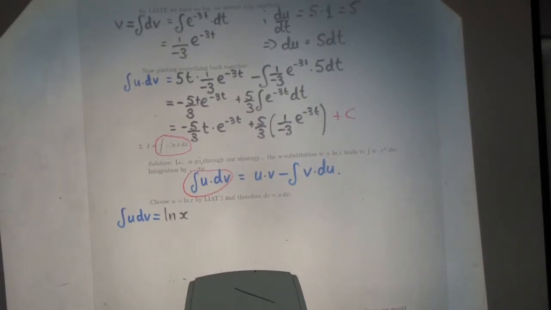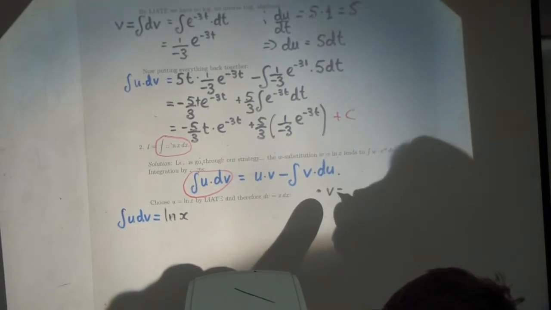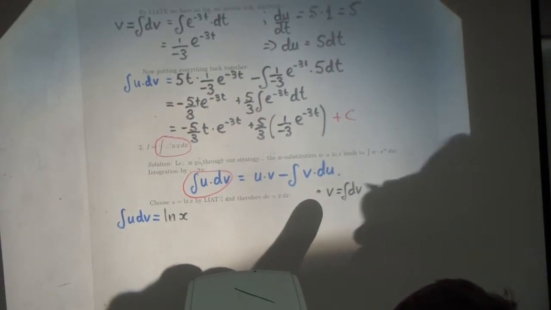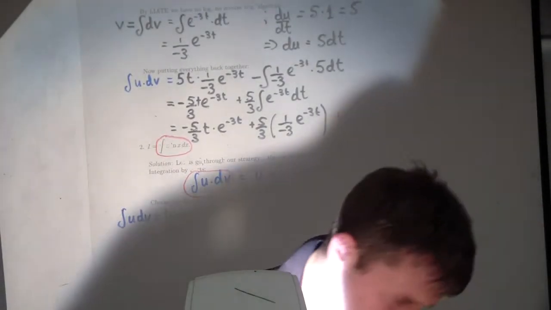No, I don't have v. How do I get v from dv? Differentiate? Nope. Integrate, sorry. So v is the integral of dv, which is the antiderivative of x dx.